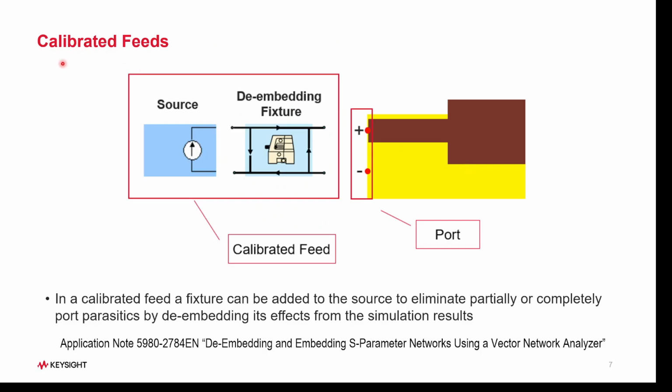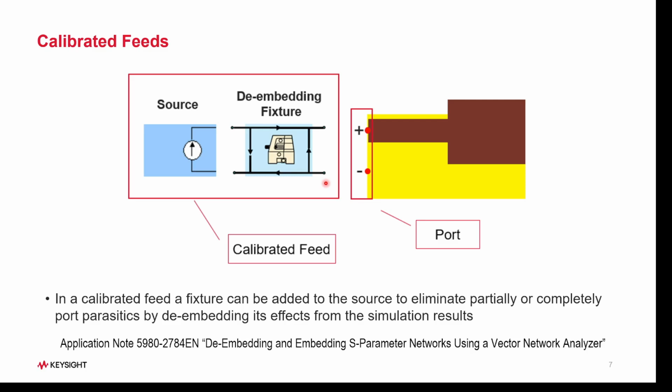So we've covered the two main parasitic effects introduced by a port. Let's look at how we can get rid of them. Typically this is done by mating the port to what we call a calibrated feed, which consists of a source and a de-embedded fixture.